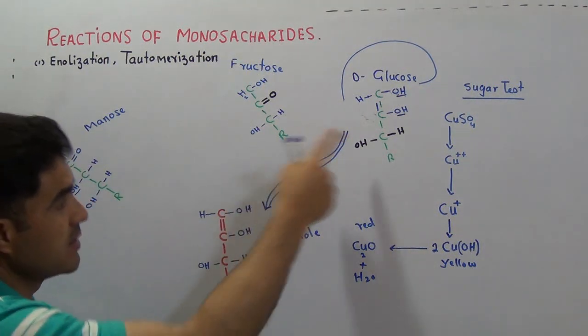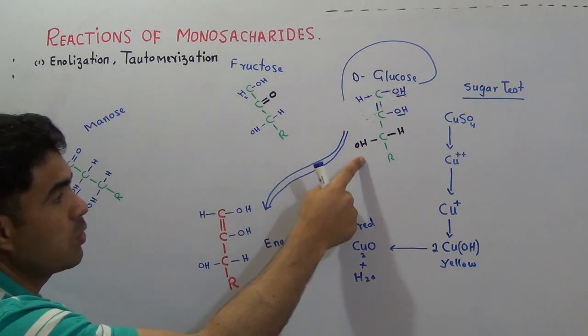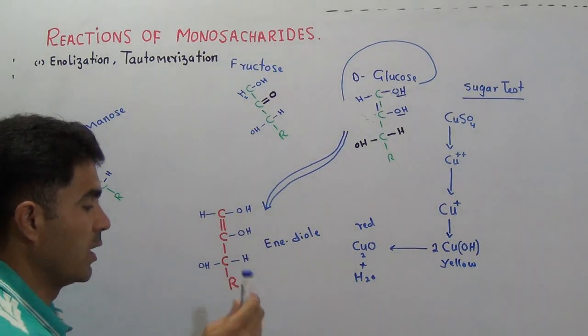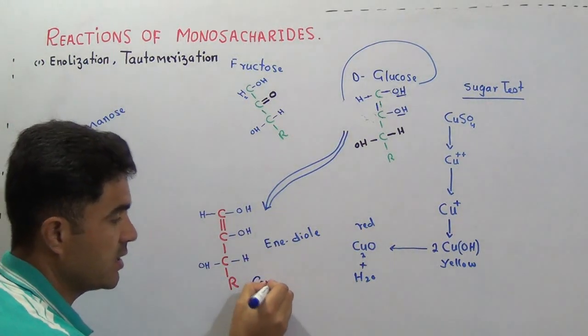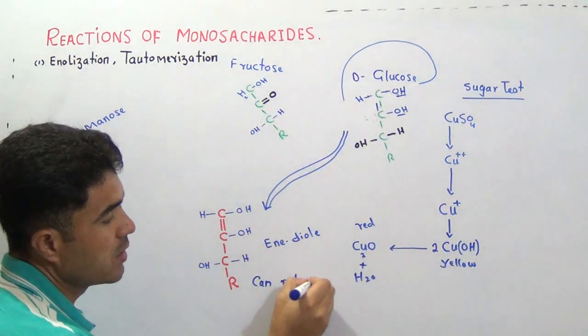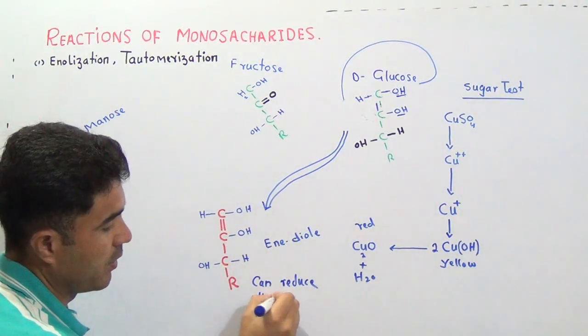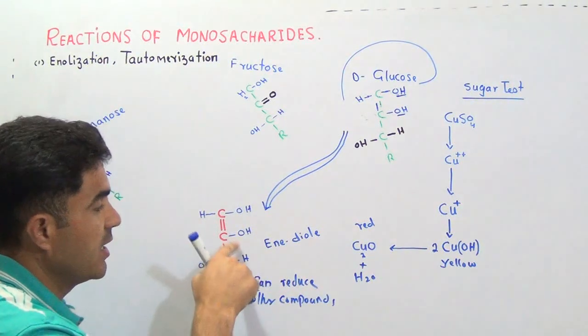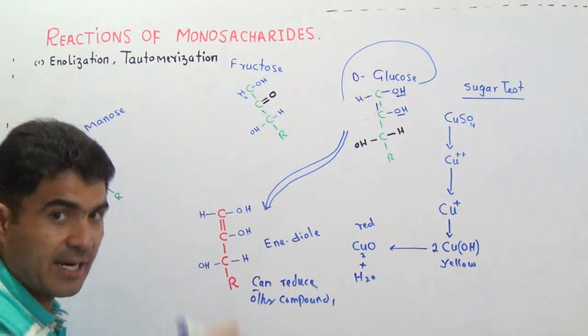My answer is, this is the reason: glucose can form enediol, and this enediol can reduce other compounds, meaning it is highly reactive.